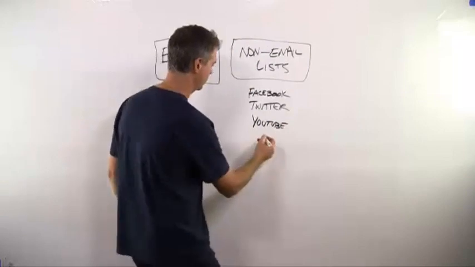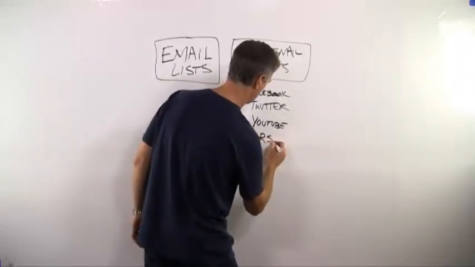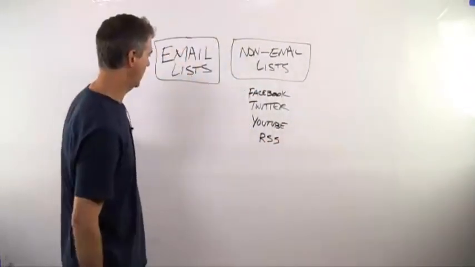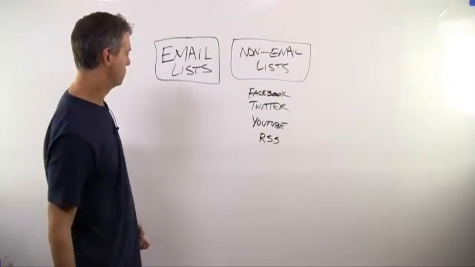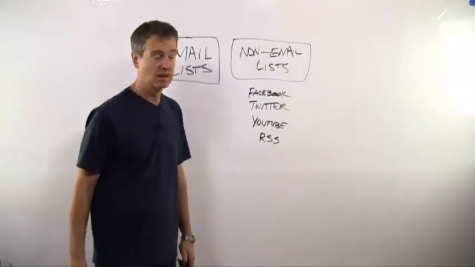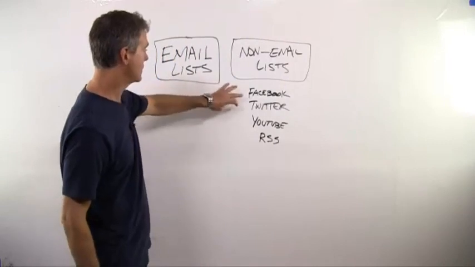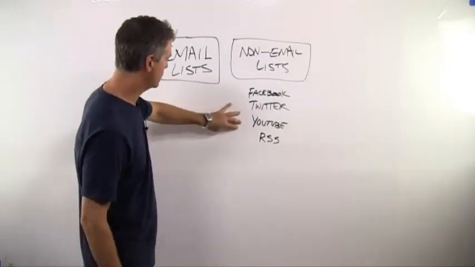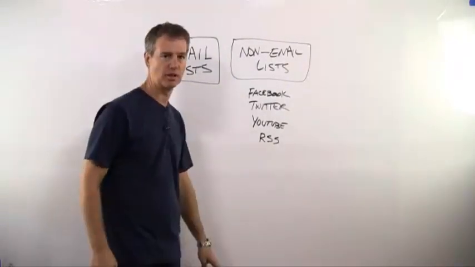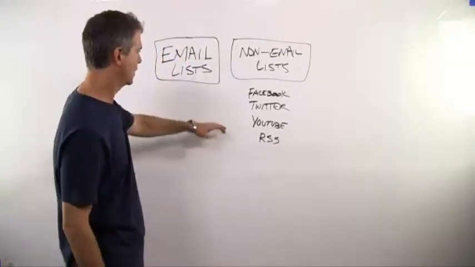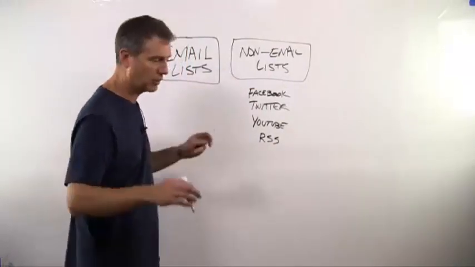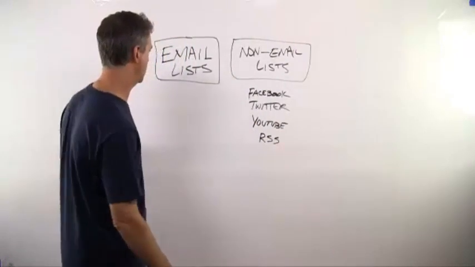That's really big. We've got RSS. We could have LinkedIn there. But basically, these are ways you can reach people, and each one has very different characteristics. But it's important to remember when we're talking lists, we're not just talking about email lists.